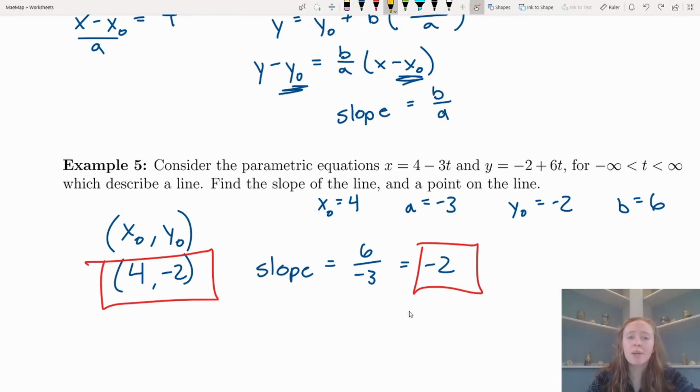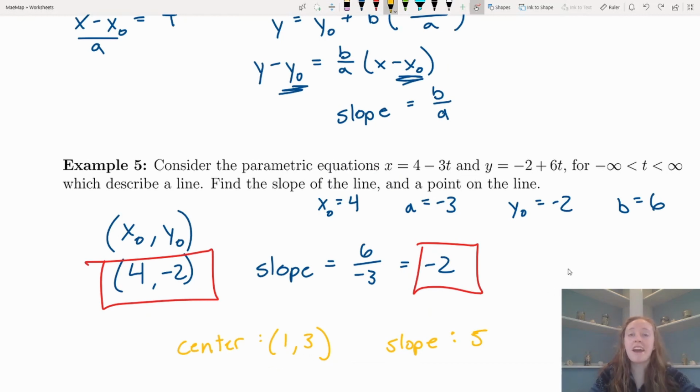Go ahead and try to come up with an example on your own where you have a center of 1, 3 and a slope of positive 5. Now there are many different a's and b's you can use to get this slope of 5, but your center gives your x naught, y naught values.